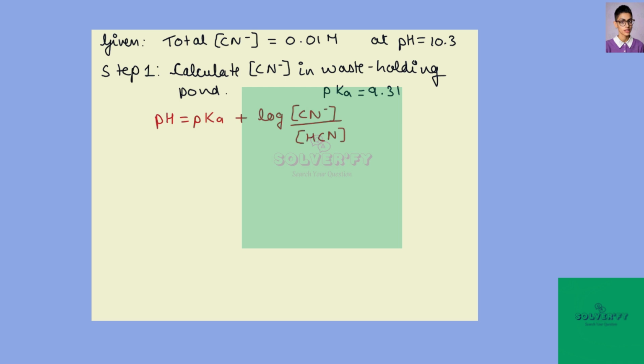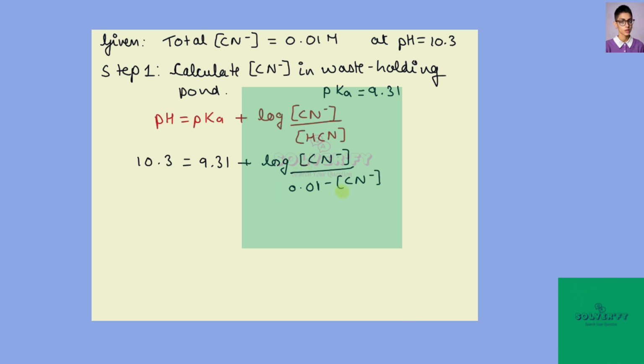So let's put the values to calculate the concentration of the CN negative. So here the pH of the pond is 10.3 and it is equal to the pKa of HCN, which is 9.31, plus the log of the concentration of CN negative ions divided by 0.01, which is the total concentration, 0.01 minus the concentration of CN negative ions.